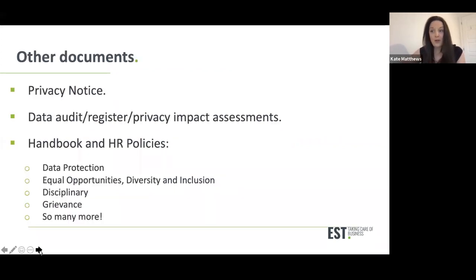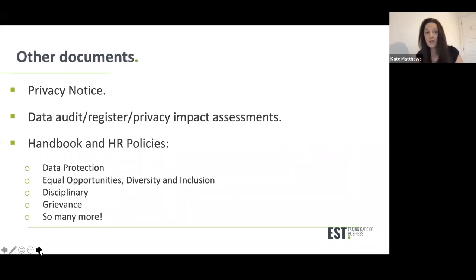Then we come on to other documents to have in place in terms of your legal compliance to be recruitment ready. So alongside your contract of employment, you should have a privacy notice, which is just an overview of all of the data that you might process in relation to that employee.